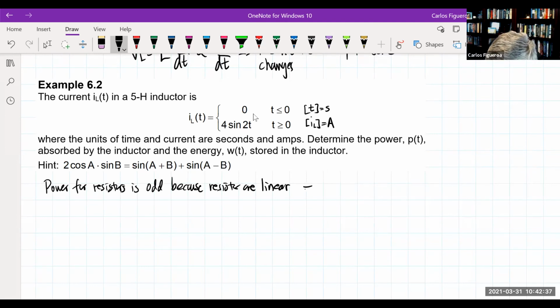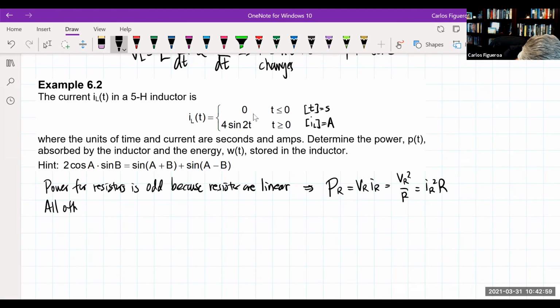When you calculate the power of a resistor, it could be VR times IR, and because of the linearity, you can write it this way or that way. That's the exception.